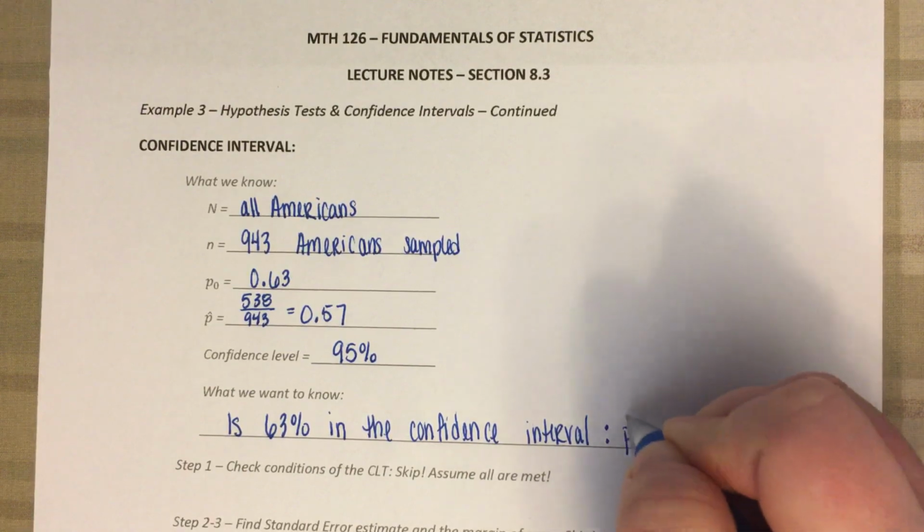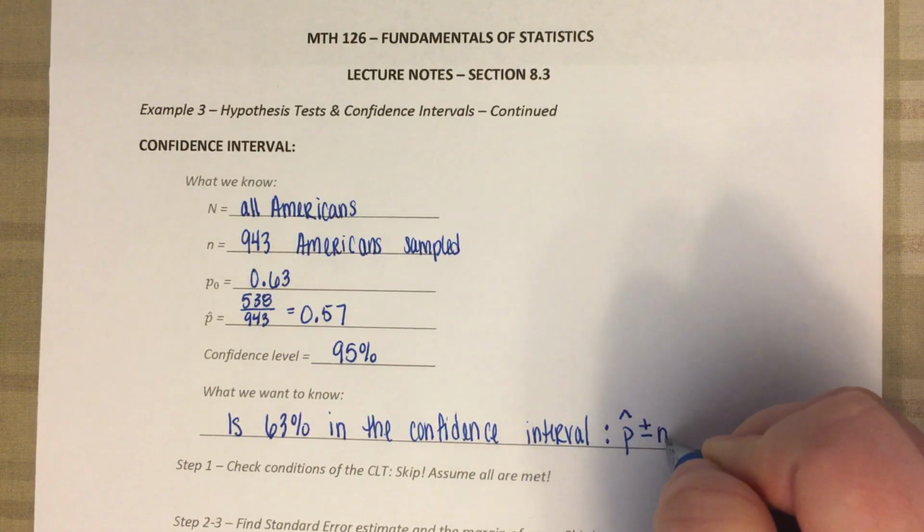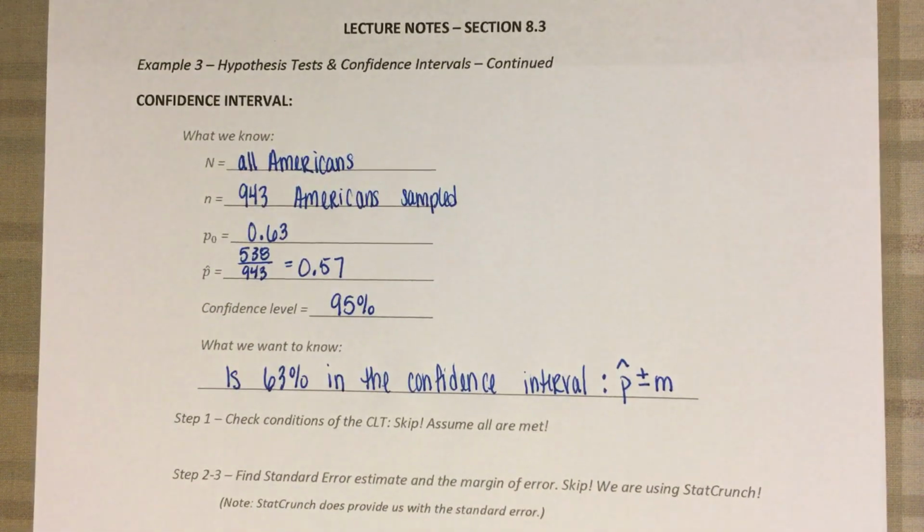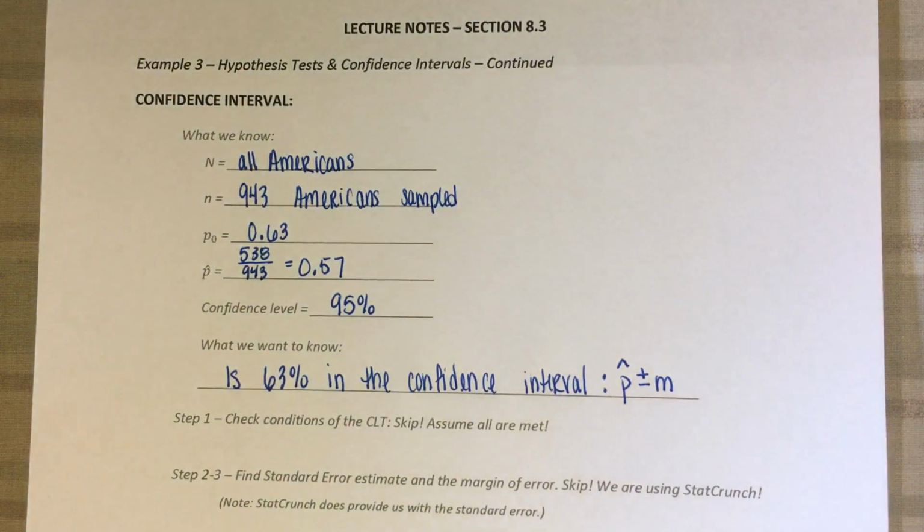Again, our confidence interval is set up P hat plus or minus M, our margin of error. We did some problems in section 7.4 where we worked through these every single step by hand. In this case, we're just going to use StatCrunch. So again, we're going to skip our conditions, and skip finding our standard error and the margin of error.